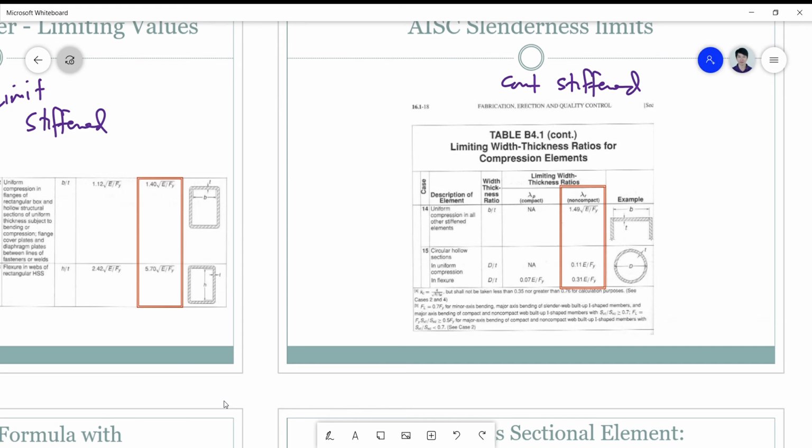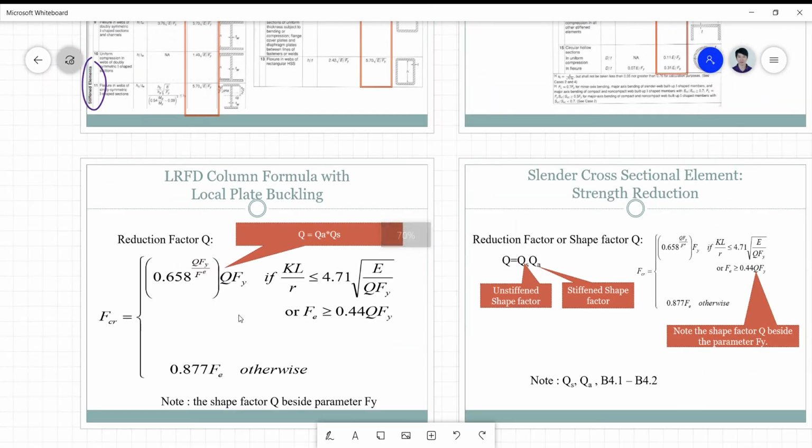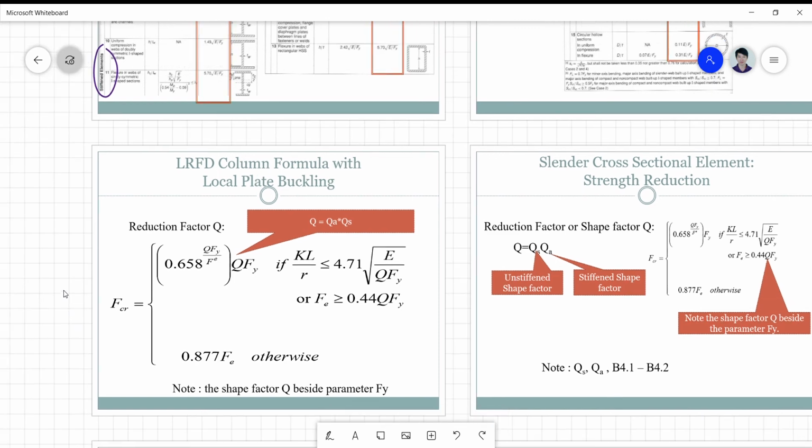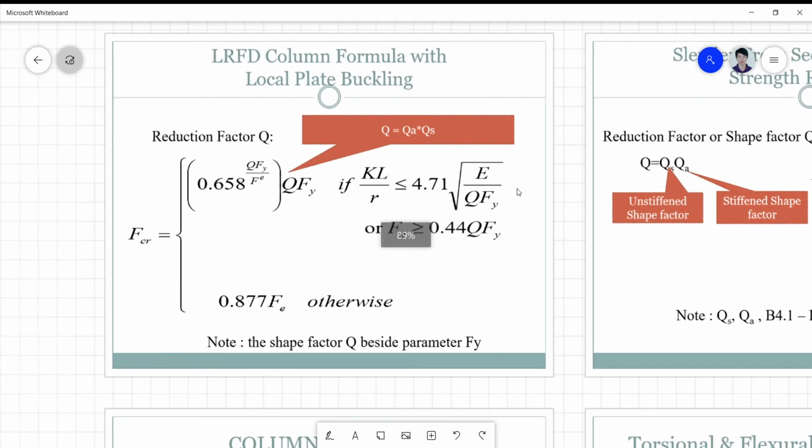Of course, these limits here have been derived using plate stability analysis. So for the LRFD column formula with local plate buckling, you will notice that there's a very big similarity to the global buckling formula or the flexural buckling formula.